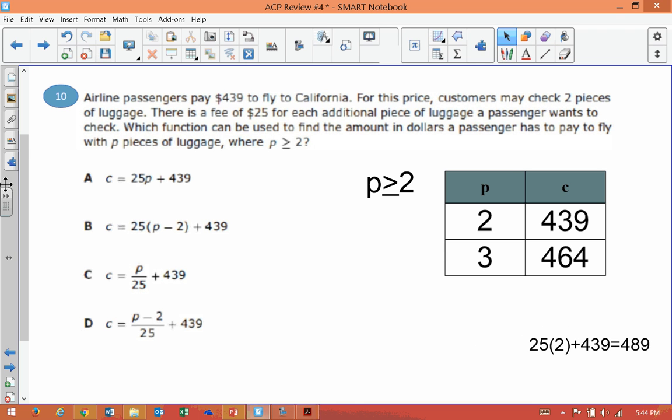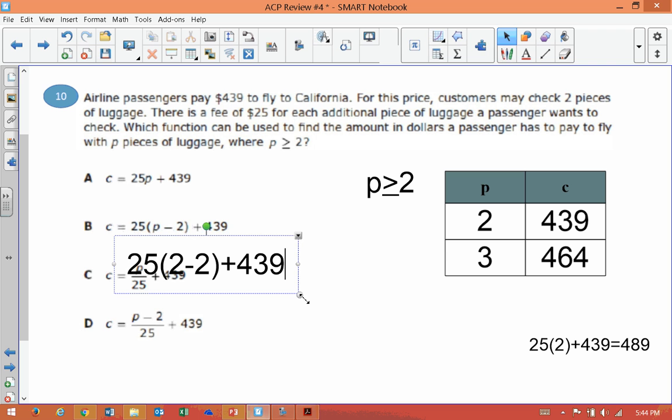Let's put that over here. Look at B. If I put in 2 pieces of luggage, look what the cost would be. It would be 25 times 2 minus 2, which is 0, plus 439. So that equals 439.